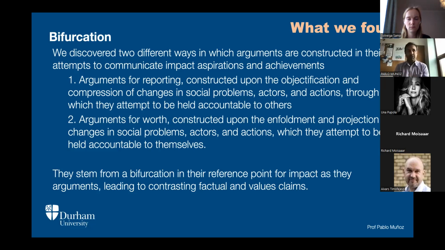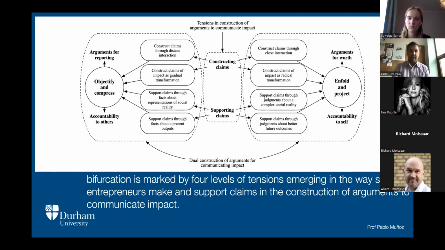So when you construct arguments for worth, they're normally driven by value judgments to do with meaning and purpose in life. Whereas when you construct arguments for reporting, you tend to make factual claims. You're trying to support them using factual evidence, no value judgments.